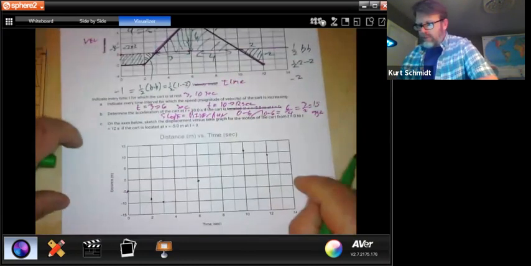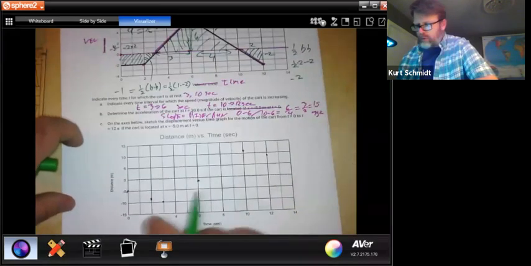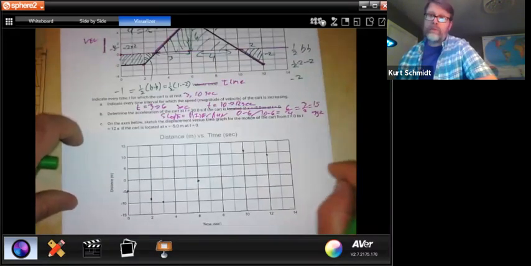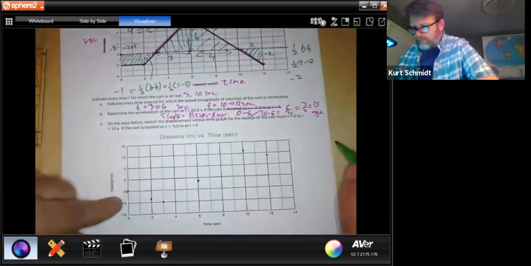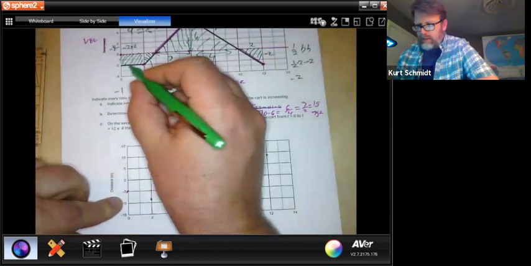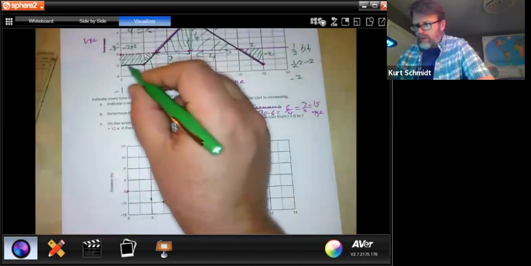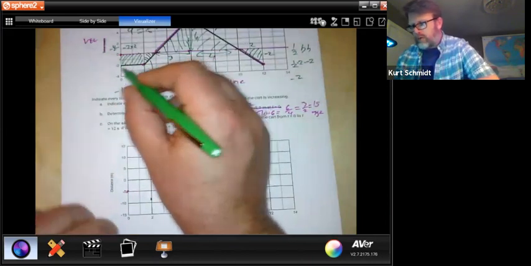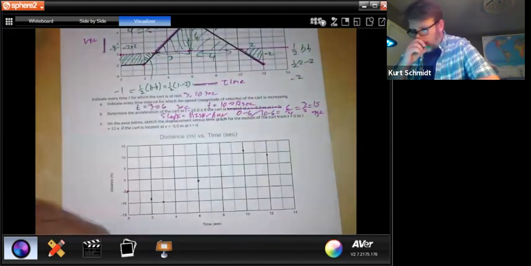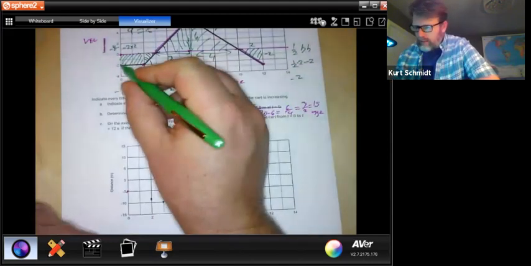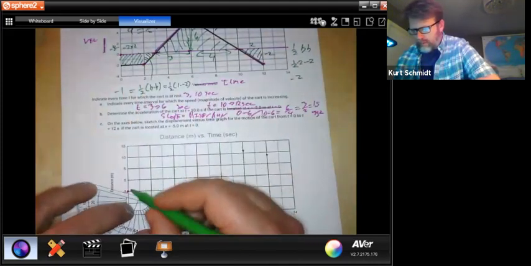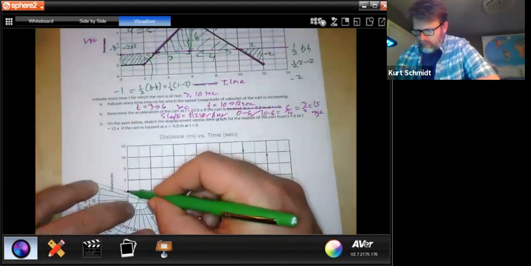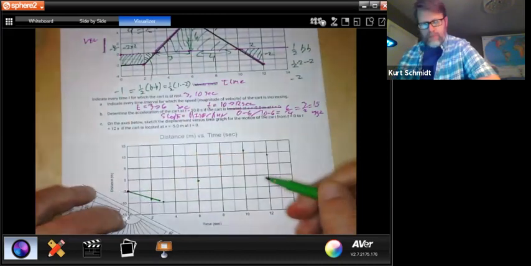Some people are going to see comments that the points were good, but the shape was not. Some people's comments were shape was good, points were not. Here we have not changed our slope or our position. If we are staying at a constant velocity, that means the slope of this line should be fairly constant.